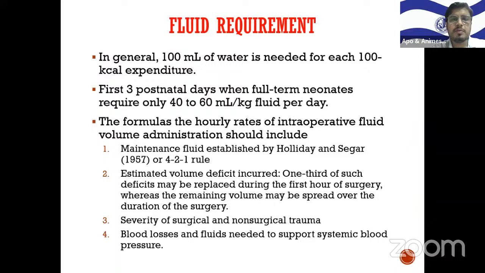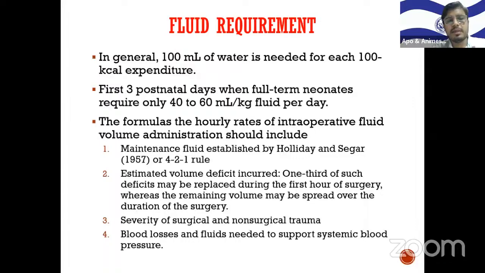The deficit volume, we do not give the whole volume in one go. We divide it. Especially in children, we give 1/3 of that volume in the first hour of the surgery, and divide the rest of the volume over the rest of the duration of the surgery. And with the severity of surgical and non-surgical trauma, we take that factor into account, depending on how much fluid loss there is and how severe the surgery is going to be.